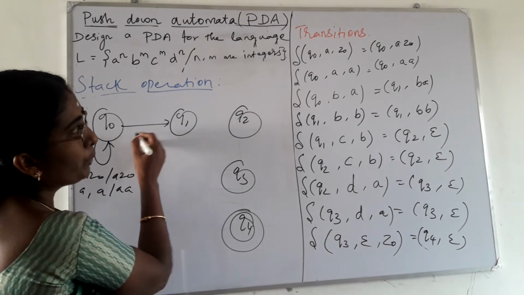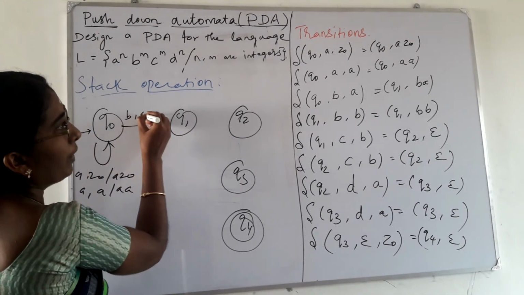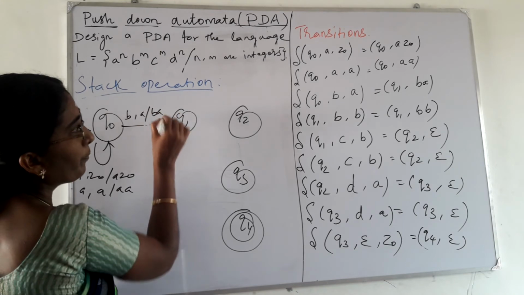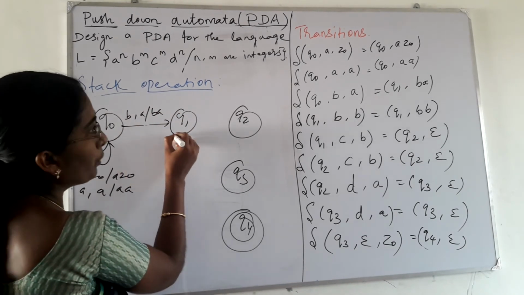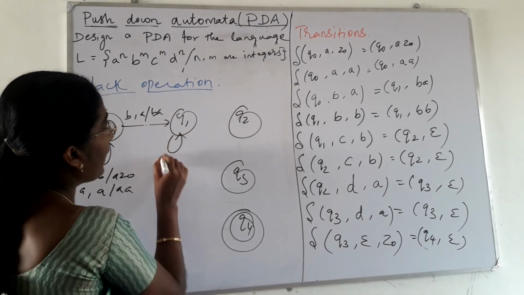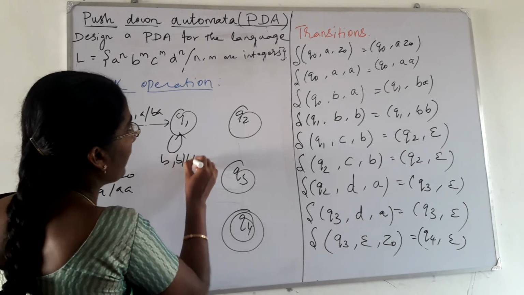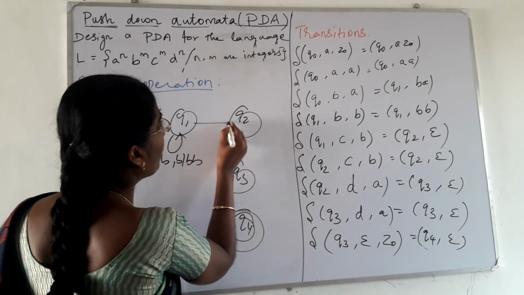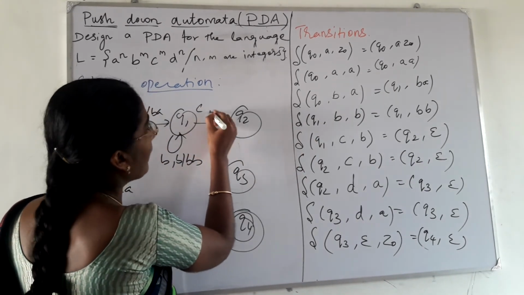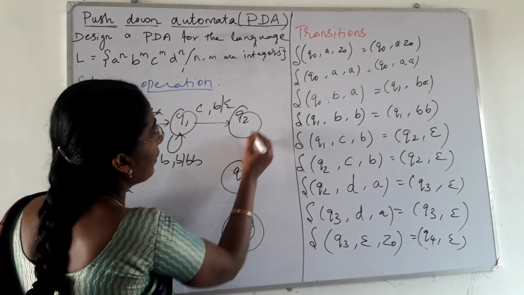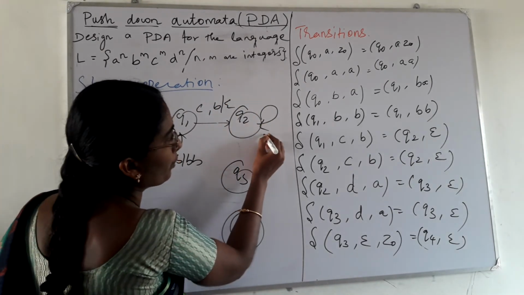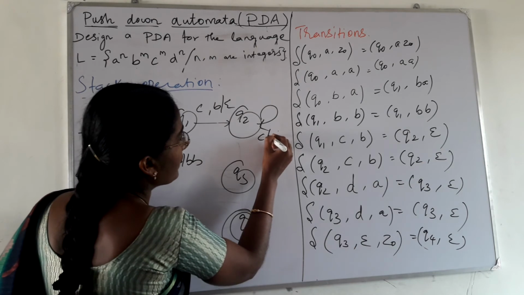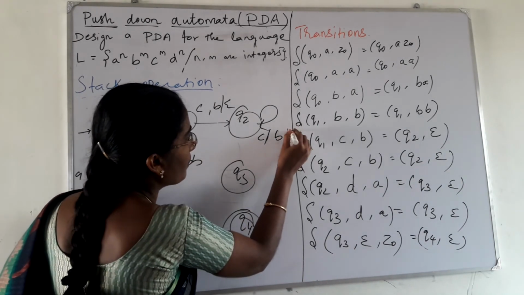From Q0 to Q1, B comma A by BA. From Q1 to Q1, B comma B by BB. From Q1 to Q2, C comma B by epsilon. From Q2 to Q2, C comma B by epsilon.